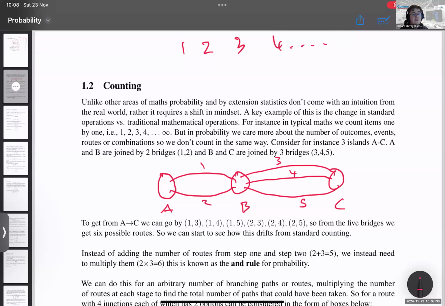If we want to know how many different ways we can cross from A to C, we can start counting. We could go across bridge 1 and then bridge 3. So bridge 1, bridge 3. We could go across 1 and 4. We could go across 1 and 5.